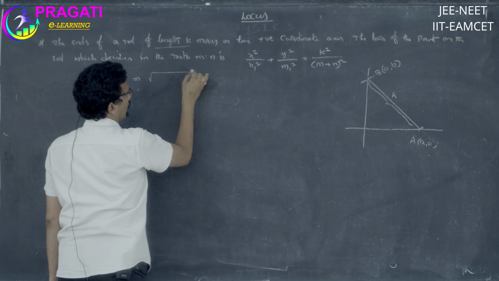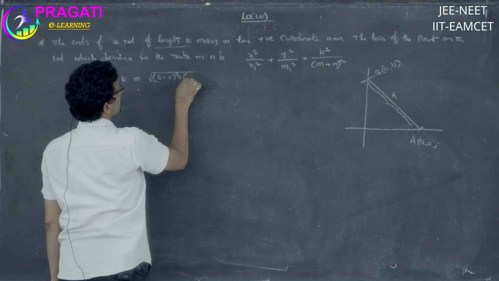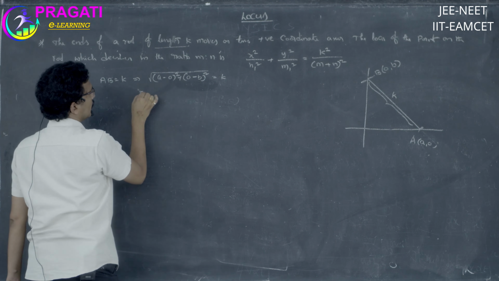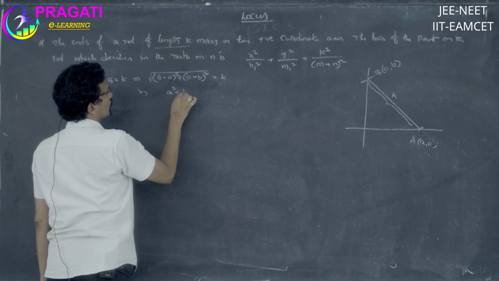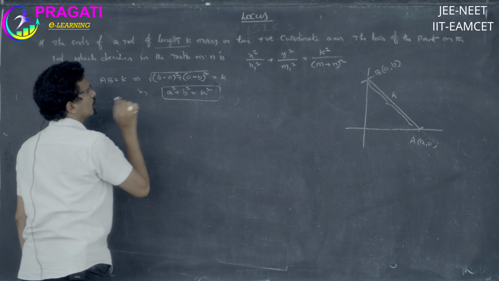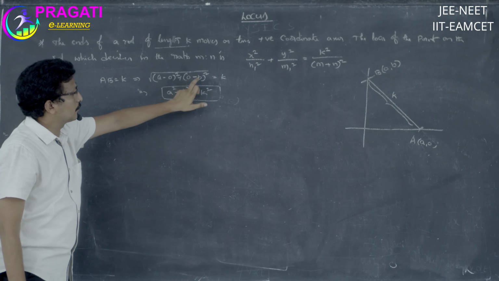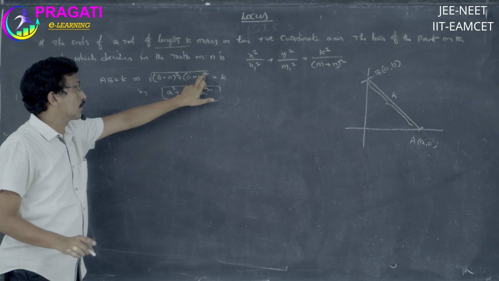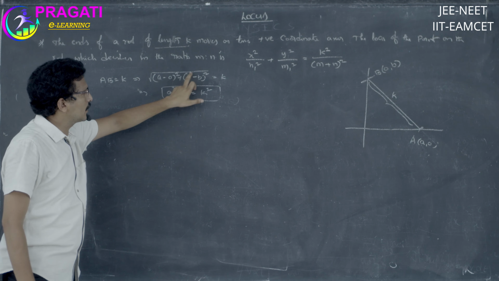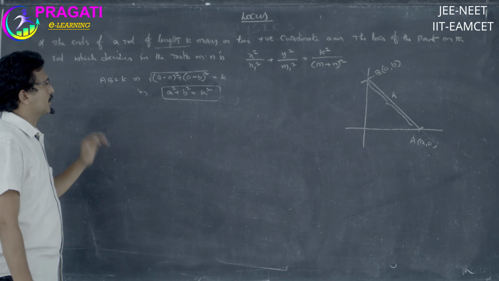The formula is square root of (x2 minus x1) whole square plus (y2 minus y1) whole square is equal to k. Squaring on both sides, then we get a square plus b square is equal to k square. Here a minus 0 means a square, 0 minus b means minus b, minus b whole square also b square. Squaring on both sides, the root is cancelled and we get k square.